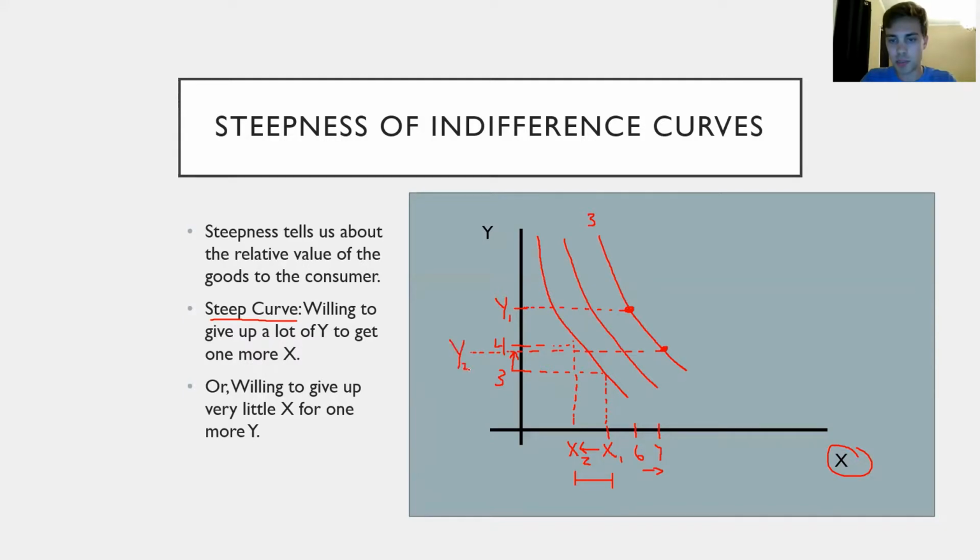And we'll call that Y2. And so we're giving up this vertical height. That's the amount of Y we're giving up in order to get one more X. So in other words, we're willing to give up a lot of our Y to get only one more X. So again, that's telling us that we are valuing the X good more than we're valuing the Y good.